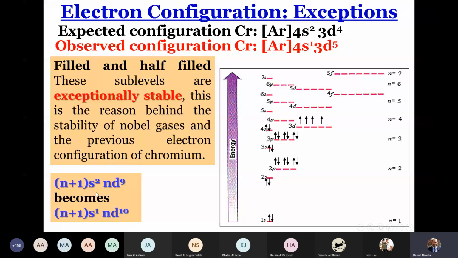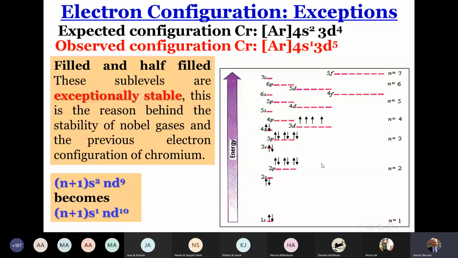In this case, when we have d4, it becomes d5, and when we have d9, it becomes d10. So the electron in d4 jumps from s to d, so we obtain s1 d5, and ns2 d9 becomes s1 d10.